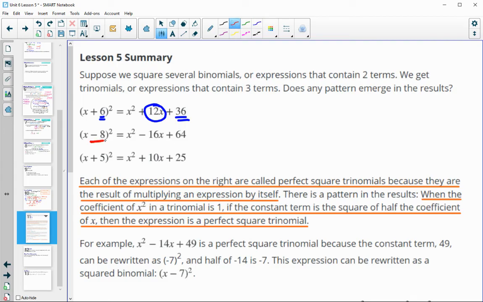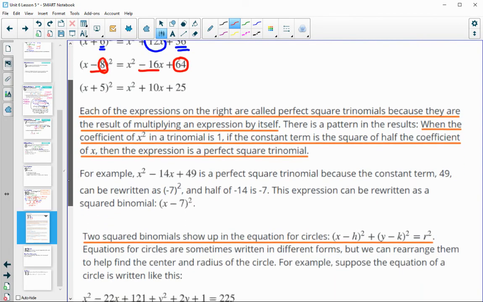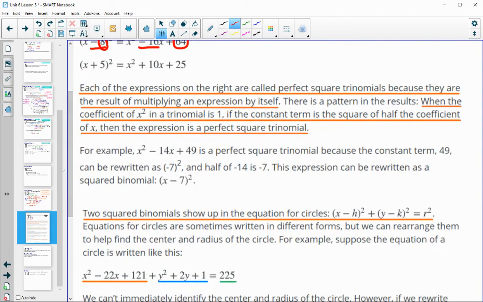So we had 2 negative 8s for the middle, and we squared it for the end term, 8 times 8. So 2 5s gives us 10 for the middle term when we add them, and the final term will be 5 times 5. So there's that pattern that we're trying to look at and notice.